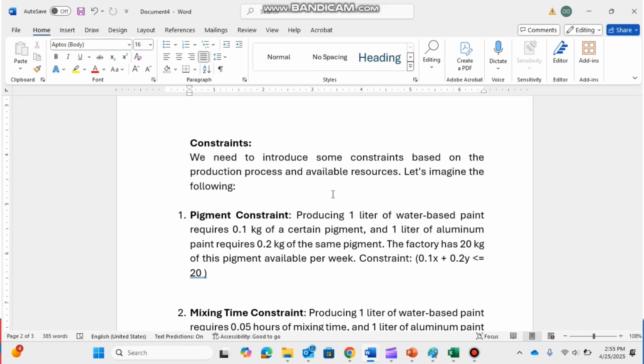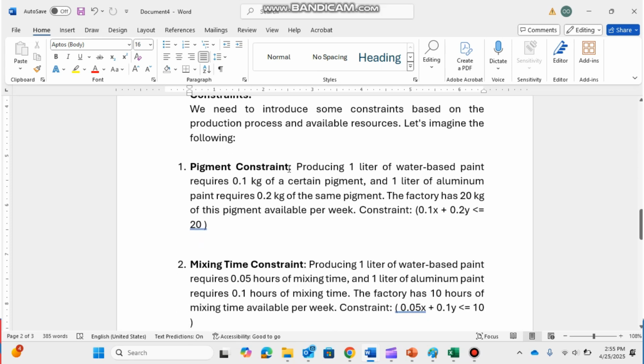You cannot produce more than 20. You can produce less but cannot produce more than 20 because the material available is just 20 kilogram. Now, also remember that in production we also have a constraint called the time constraint. This is a constraint we also have to look into as part of the question.